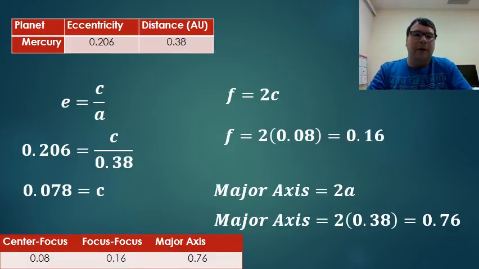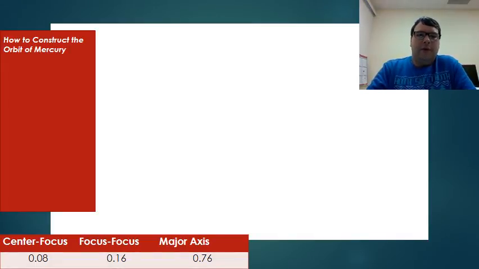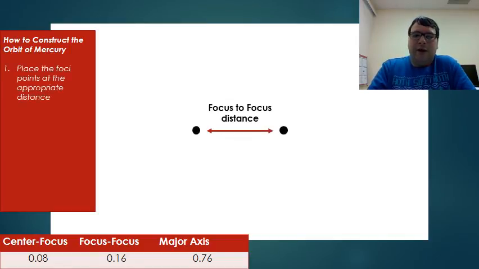So if we're constructing our orbit, notice I put the values for us down at the very bottom now. We have 0.08 is the center to focus, focus to focus 0.16, and the major axis 0.76. So the first thing is we need to get our focus to focus distance and put our pins into the paper, cardboard, whatever you're using to construct.